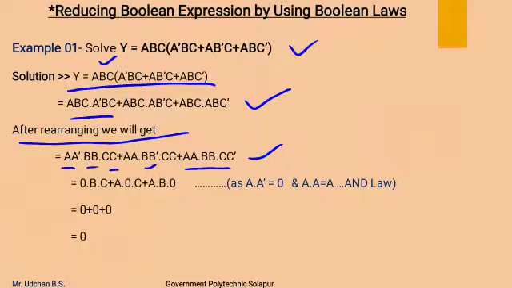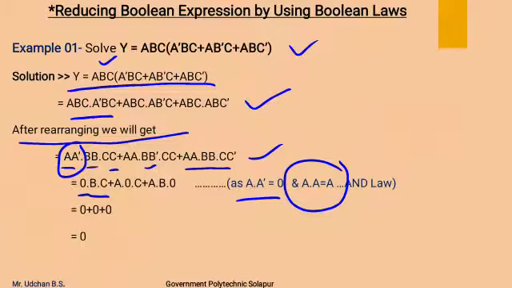Now, as we know, a into a bar gives you 0, so here a into a bar is written as 0 in this term. As we know, a into a gives you a, so b into b also gives you b, and c into c gives you c.